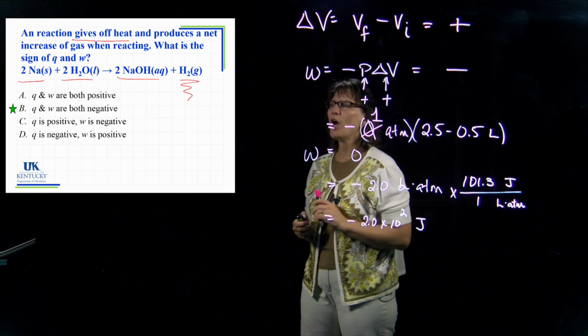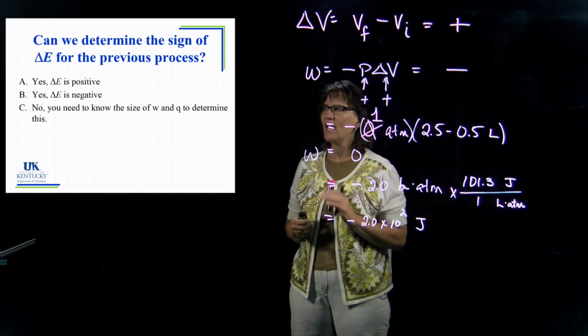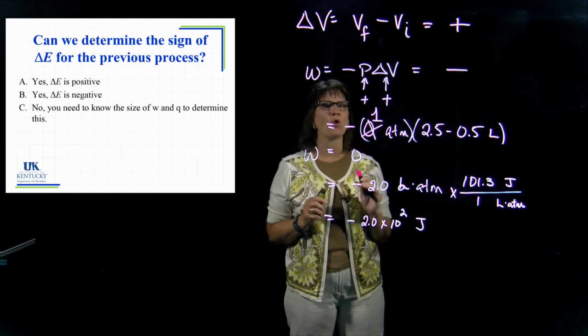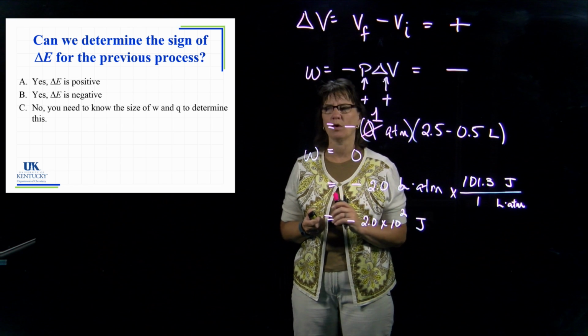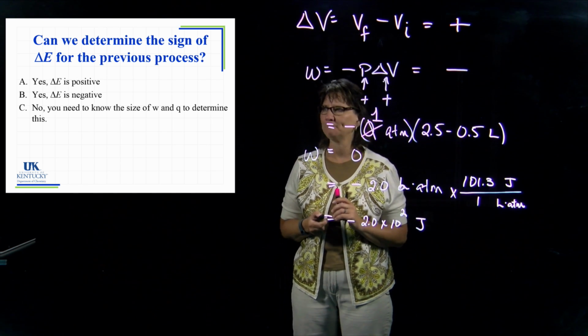All right, now if we know both the heat and the work are negative, can we determine a sign for delta E? I want you to look at those choices, and I want you to stop the video and choose one, and then resume when you've got something in your mind.